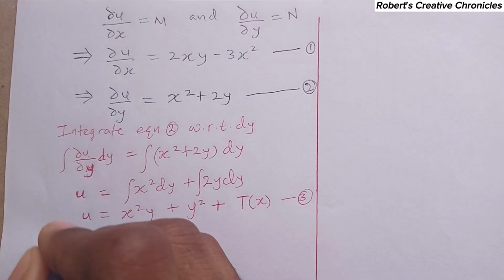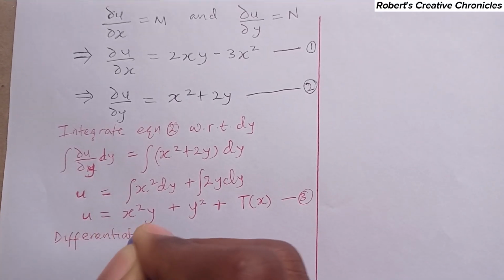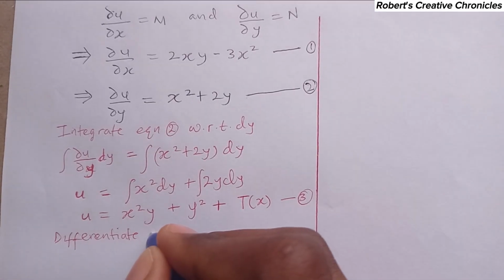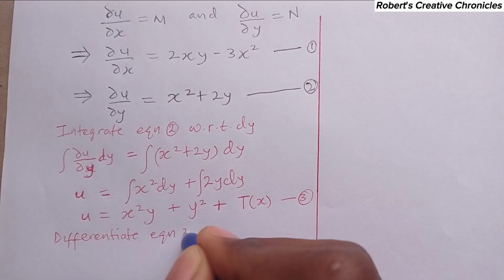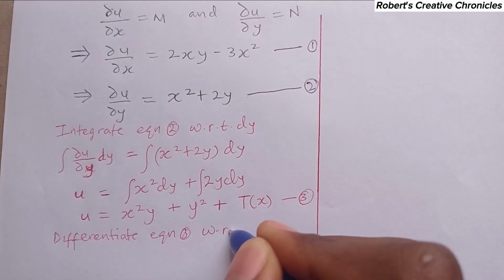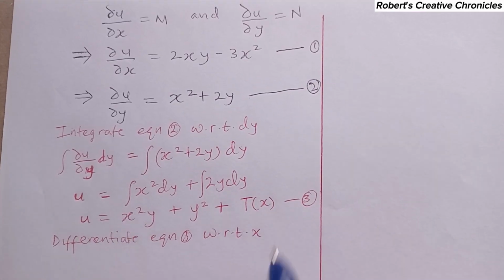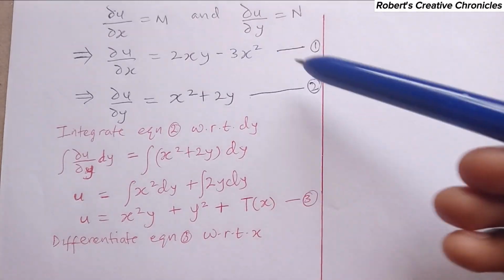So we'll write: differentiate equation 3 with respect to what? To x. We differentiate equation 3 with respect to x so that we can equate it to equation 1.